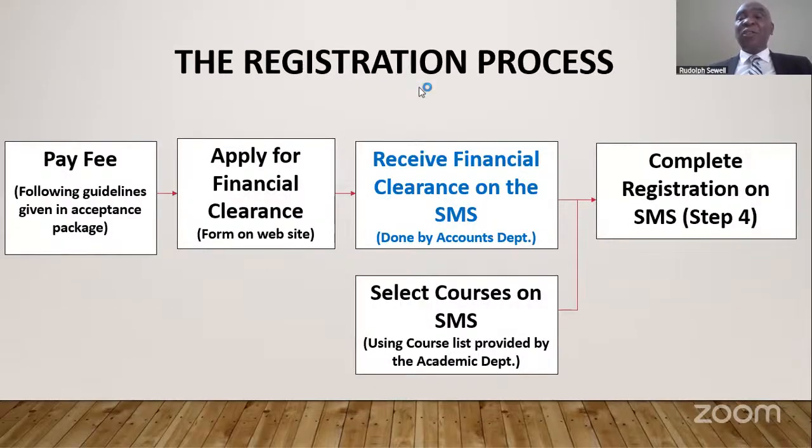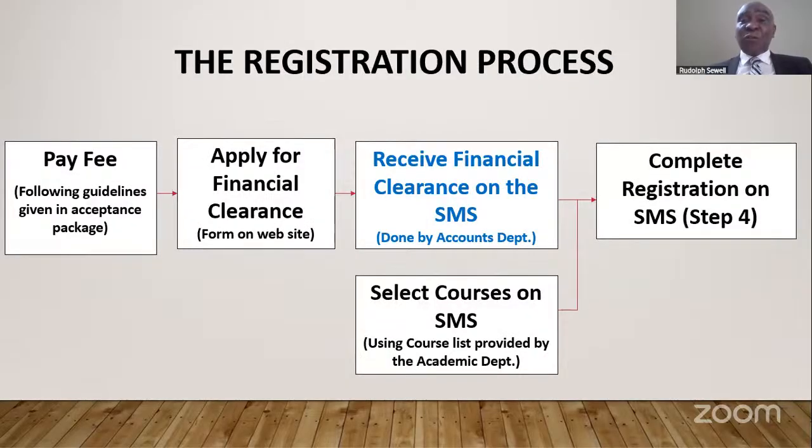The next matter I just want to quickly recap for you is that of the registration process. And we have been saying a lot about this, right? We have a system where you can do your fee payment and do that clearance while you're doing your course selection.